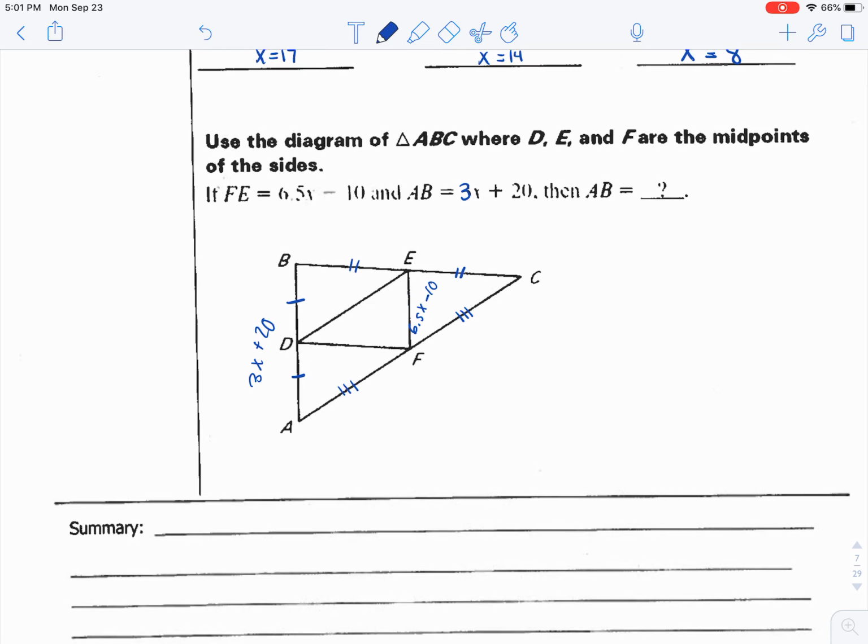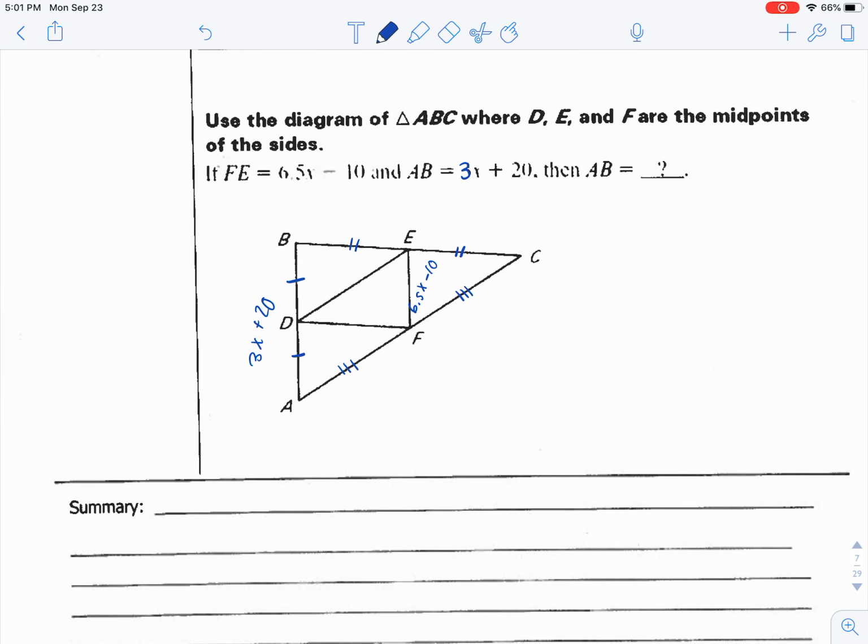Before we solve for x, let's recall our properties. Our midsegment of interest is EF. We know from our theorem that EF is parallel to the third side. So EF is parallel to BA.